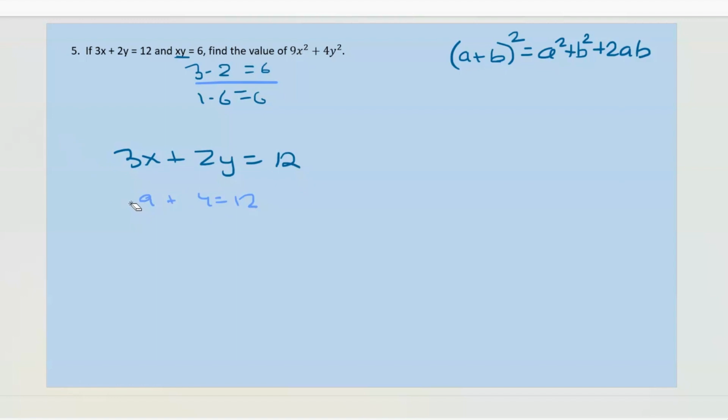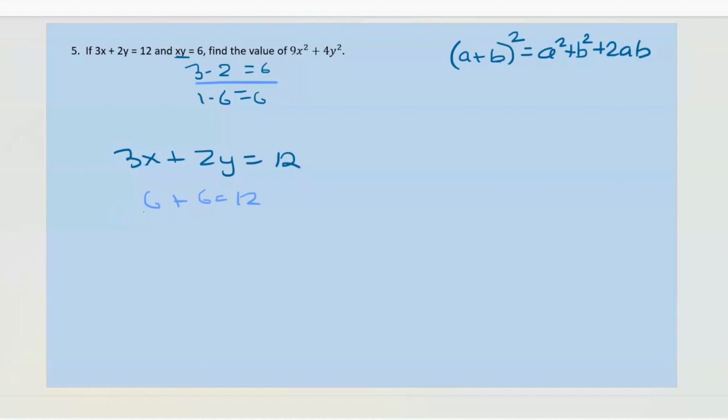No. 9 plus 4 equals 13, not 12. So 3 is not x, 2 is not y. Let's switch. Let's say x is 2, so 3 times 2 would be 6, and 2 times 3, so 3 is y this time. 6 plus 6 is 12. So using our normal brain, we figured out what x and y is.